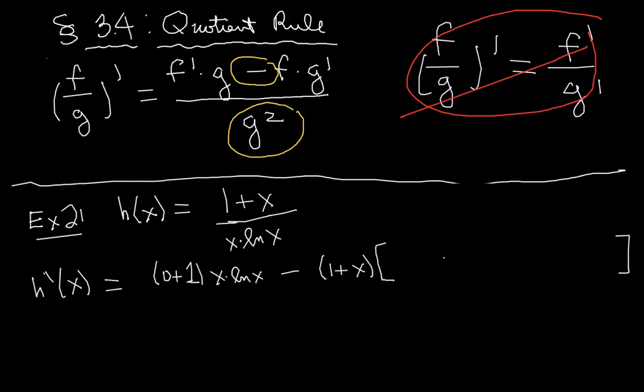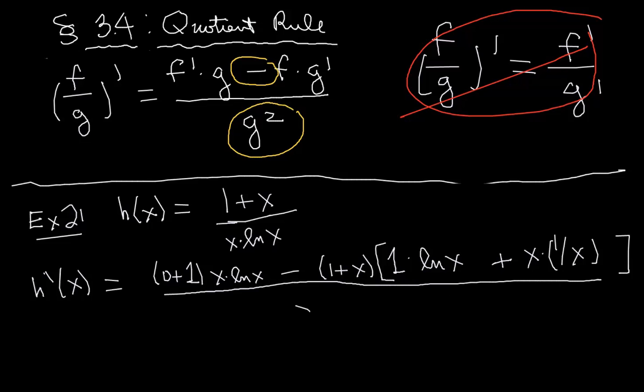That means we're going to have to use the product rule. So product rule on the bottom: the derivative of the first is 1 times the second, ln x, plus the first times the derivative of the second, that's 1 over x. And now we do all over the bottom squared, x ln x, that whole thing squared. Not ln of x squared, it's x ln x, that whole thing squared.